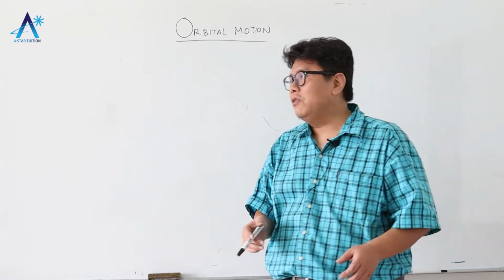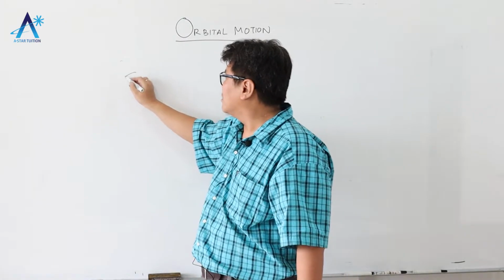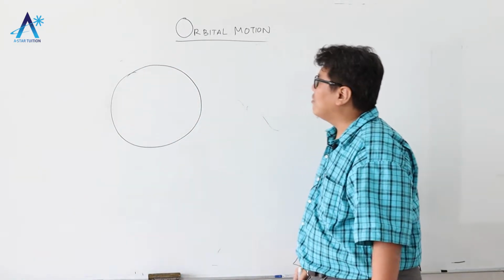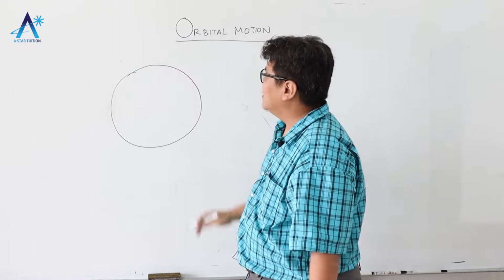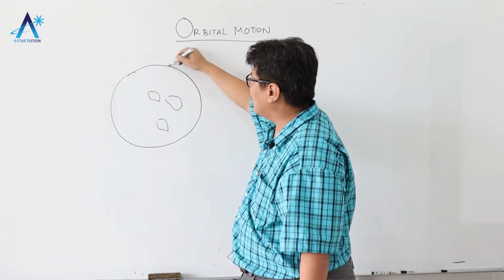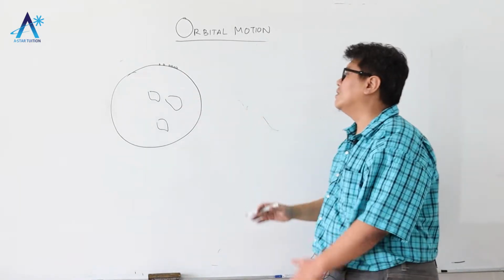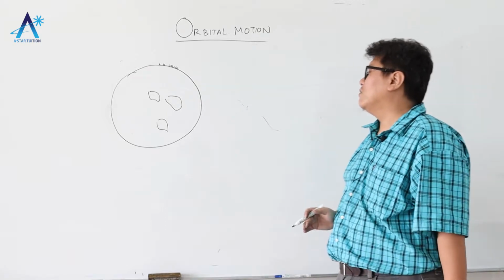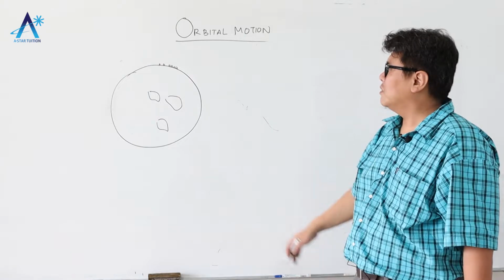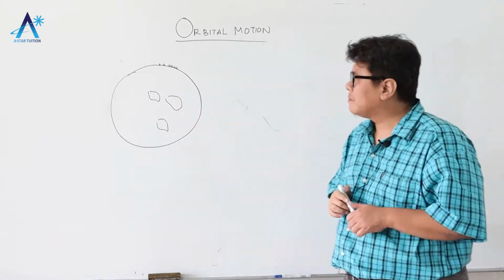If you have a large body of mass, so large that its gravitational pull allows objects to be bound to it, like the Moon or the Earth, then objects are attracted by the gravitational pull and bound to the surface.